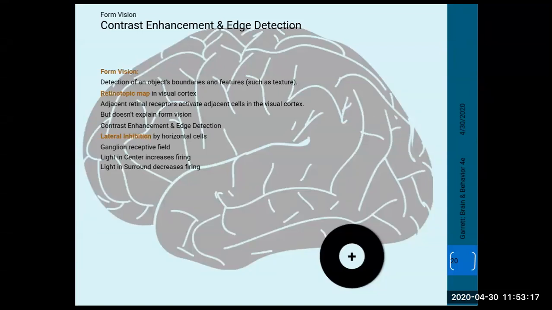What you see at the bottom of this slide is a black area, but in the middle there's a white, and it's got a little plus sign, which means that in the center of the cell, light is going to increase the firing, which means more action potentials and more information to the brain. In the outer side, in the lateral or surround area, it's all black, which means that it decreases or stops firing. So this is where we get our black and white contrast.